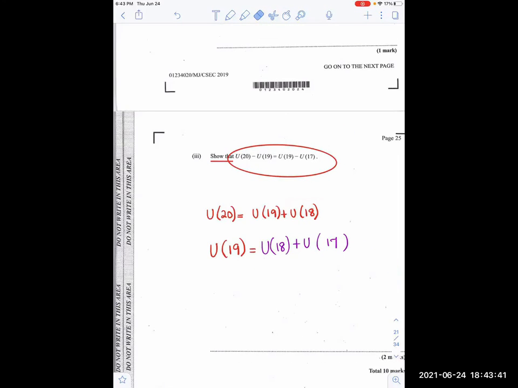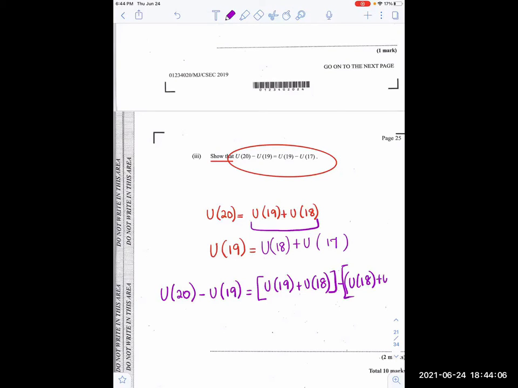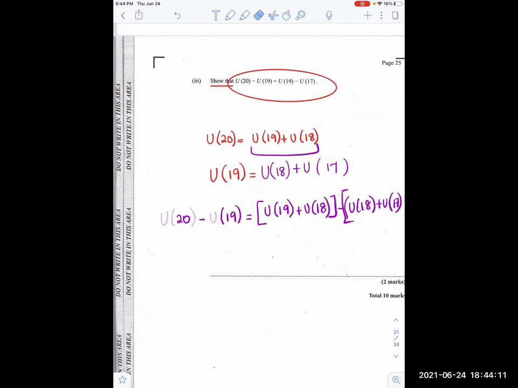So U20 minus U19 is equal to U19 plus U18, and the symbol means to take away, right? U18 plus U17. This is looking scrappy. Let me write it back.